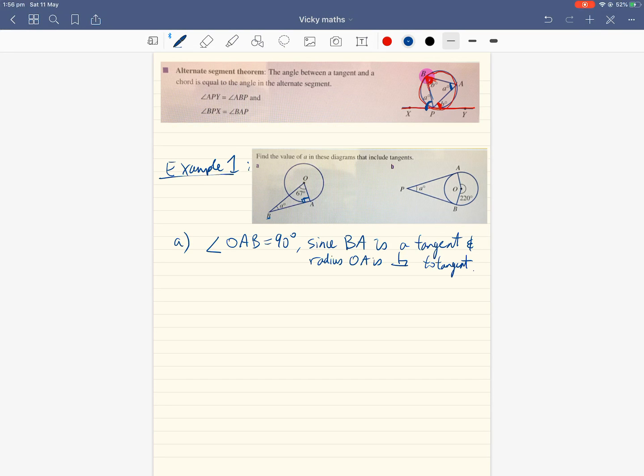So to work out angle A, we've got a triangle here, so the sum of angles in a triangle gives you 180 degrees, so A degrees plus 67 degrees plus 90 degrees is 180 degrees. Why? Because if you add up all the angles in a triangle, so A is 180, take 90, take 67, which comes to 23 degrees.